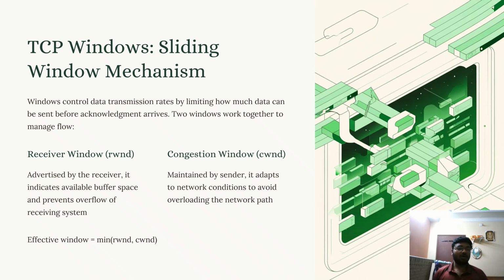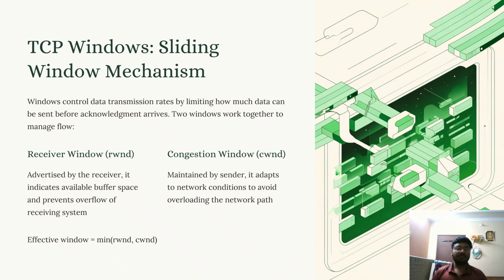TCP manages how much data is sent and received using windows. The sliding window mechanism lets the sender transmit multiple packets before waiting for an acknowledgement. The size of the window depends on two things: how much free space the receiver has and current network congestion.